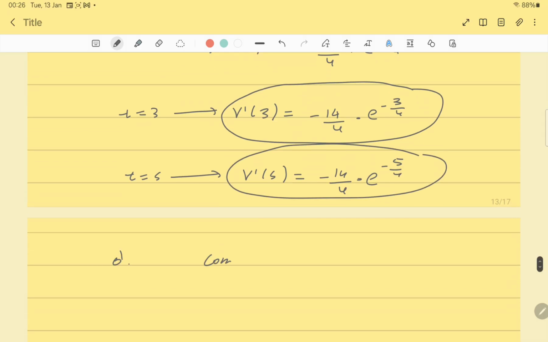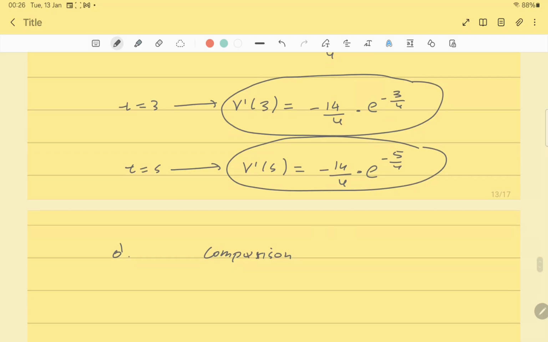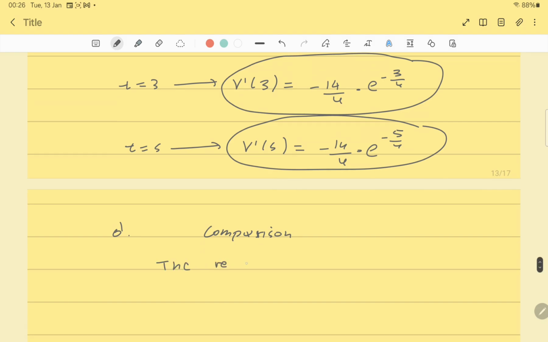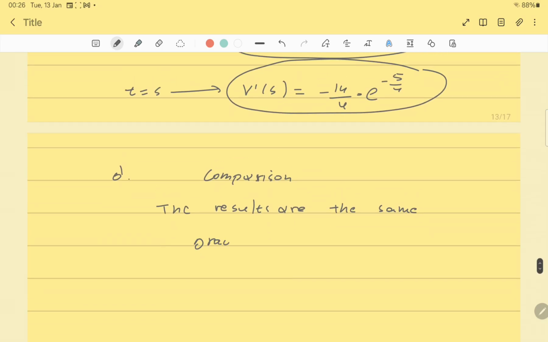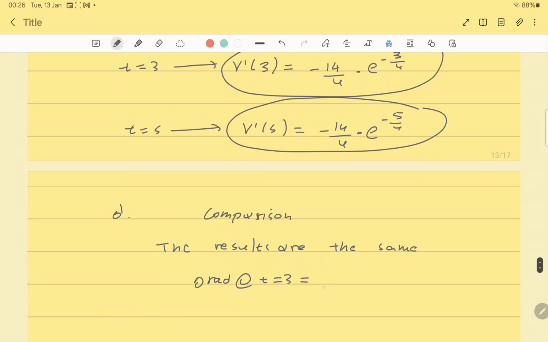D, comparison. The results are the same. The gradient at t equals 3 is equal to the derivative evaluated at t equals 3.